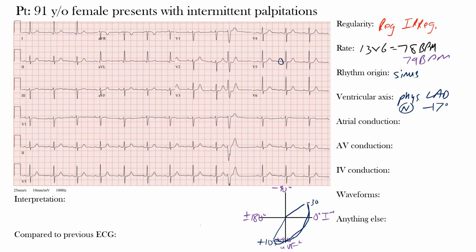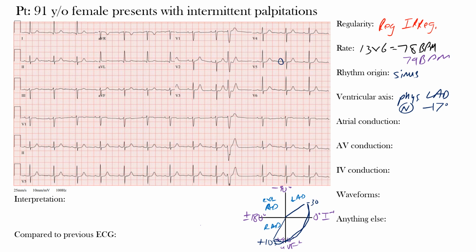Once you start getting in this region here, this would be more of a left axis deviation, and this is what we call right axis deviation, and this quadrant is extreme axis deviation, or sometimes referred to as no man's land. Still a rare thing. Sometimes you can see it in ventricular tachycardia or VTach. So in this case, we have to find the axis.